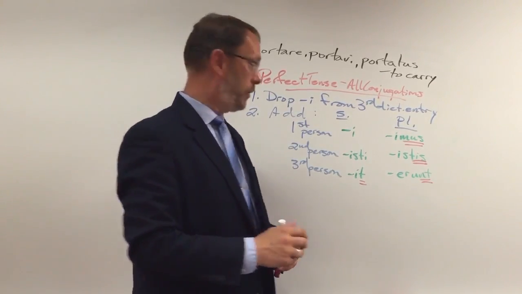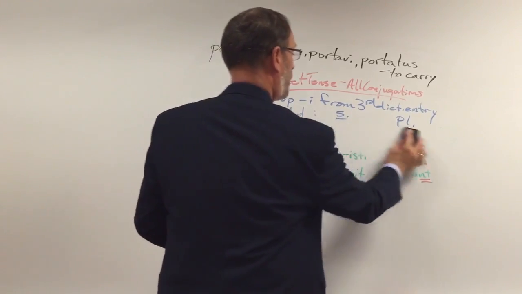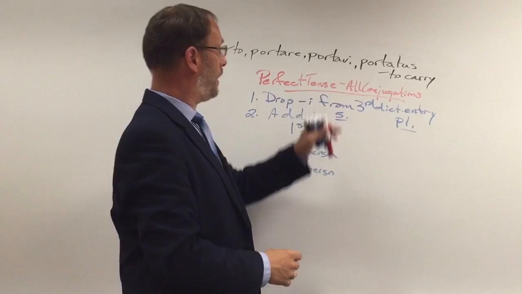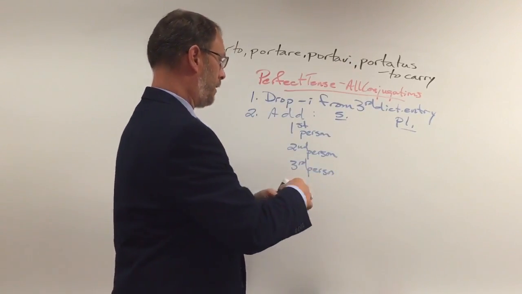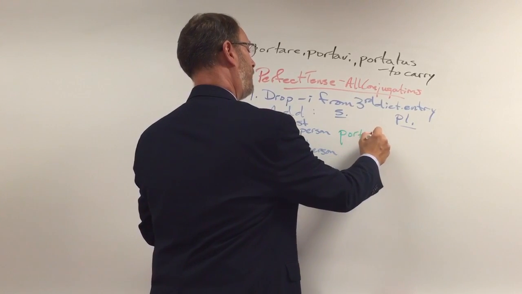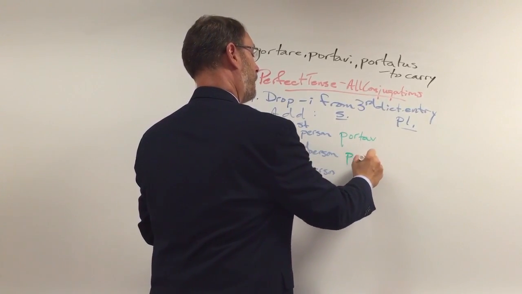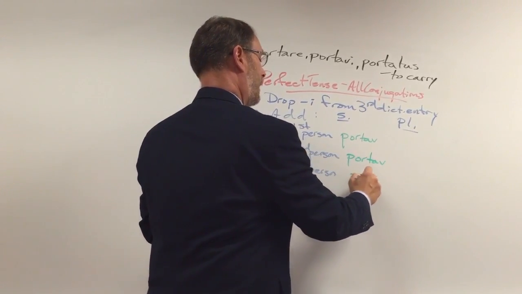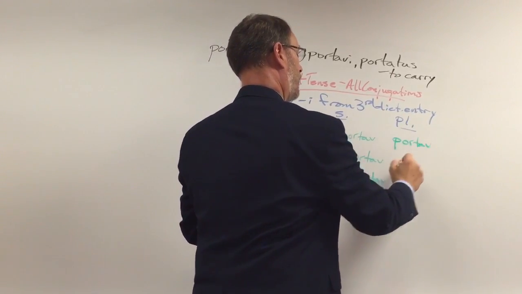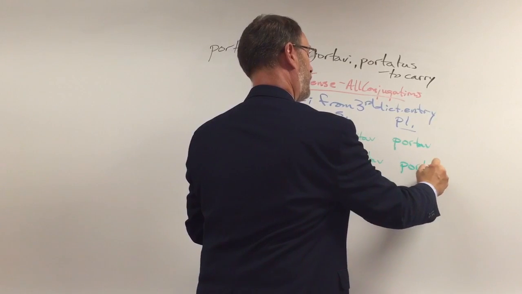All right, let's see how well you did. You should have set up your chart like this. If we're dropping the I from the third part, we should have P-O-R-T-A-V as our stem. And as I always say, I like to write that down everywhere so we don't have to figure it out again later.